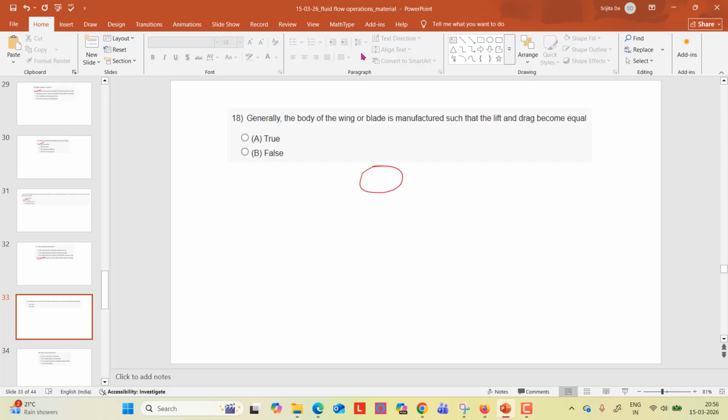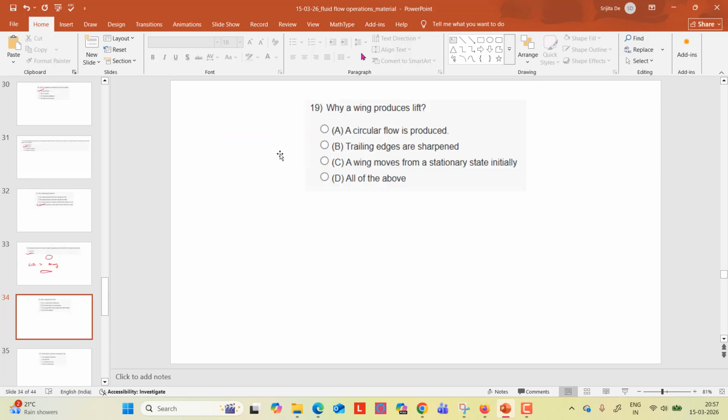That will lead to more chaotic motion, more wakes or more vortices, right? So lift should be greater than the drag, and that leads to this kind of streamlined structure. So it is false.